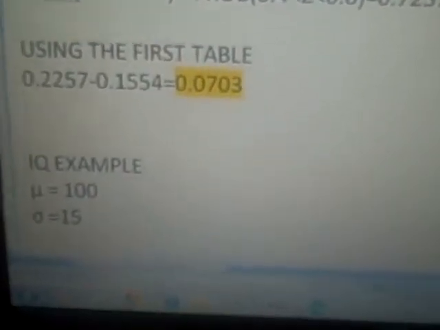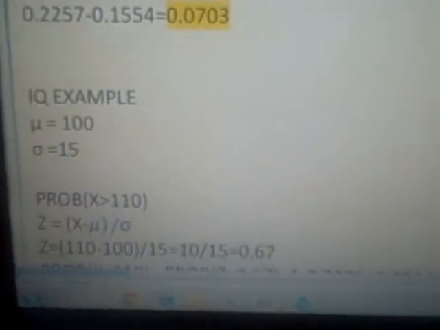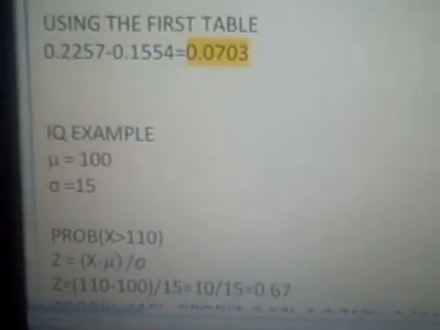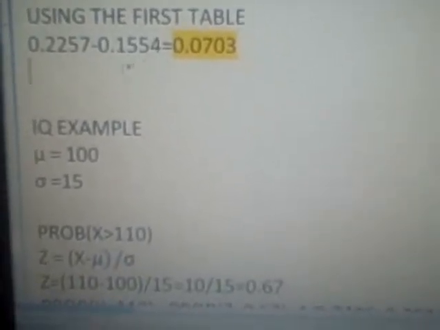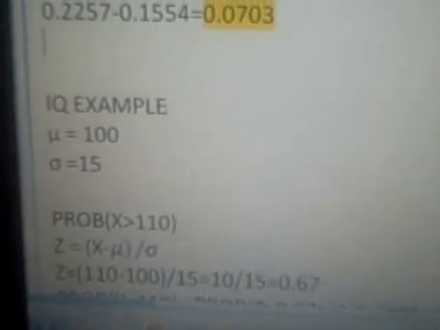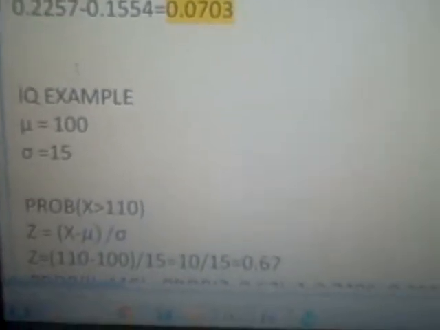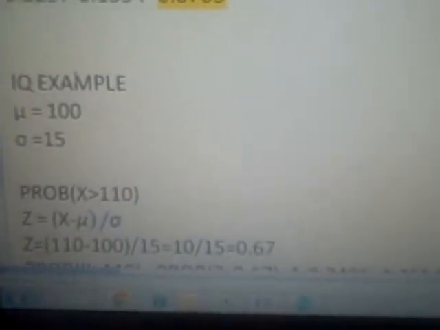Okay, now let's give another example. And here is another example, just bigger. Suppose, and this is true, IQs are normally distributed with a mean of 100 and a standard deviation of 15. Suppose I want to find out what's the proportion of people whose IQ is greater than 110.